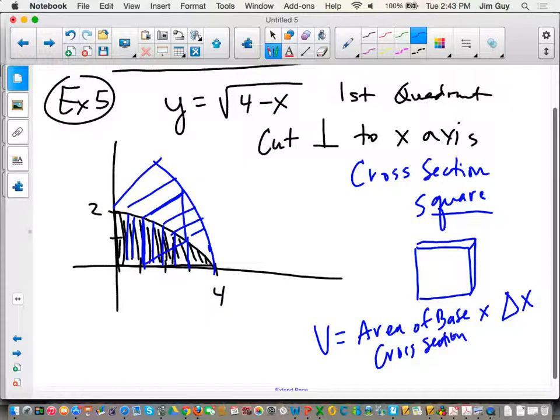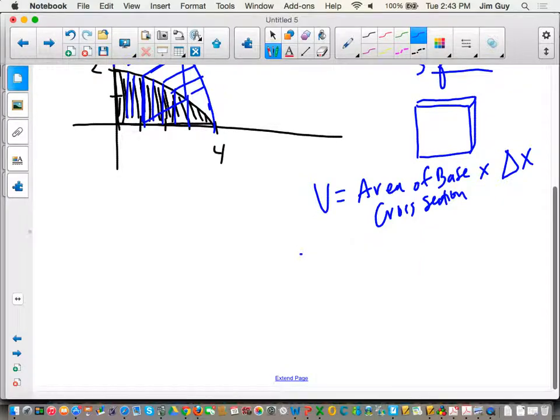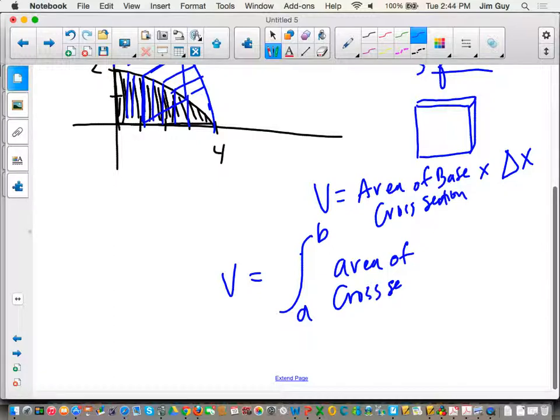So these problems can be pretty tricky, but at least you always know the volume is equal to the integral from A to B of the area of the cross-section, and that's it. And they'll tell you what the cross-section is. For this problem, the cross-section is squares.